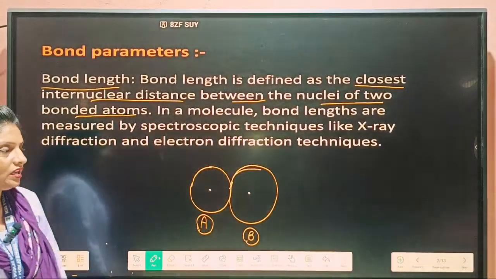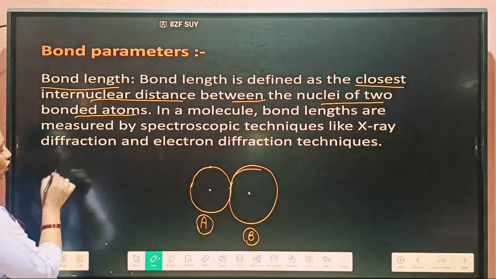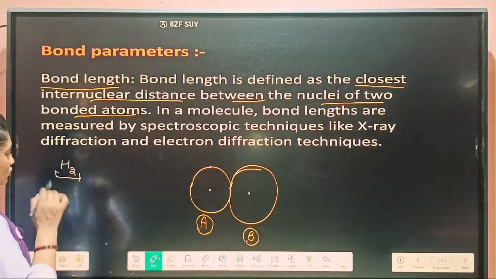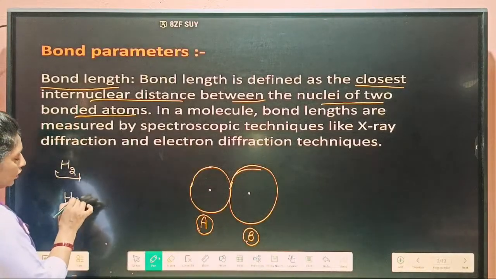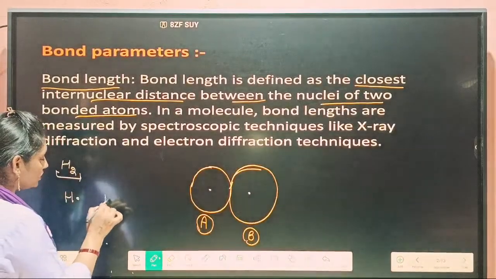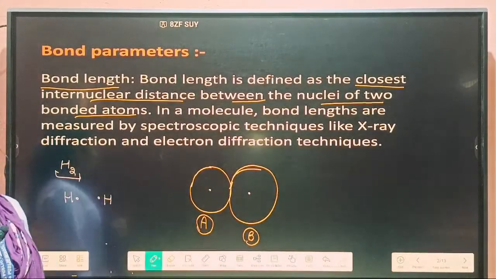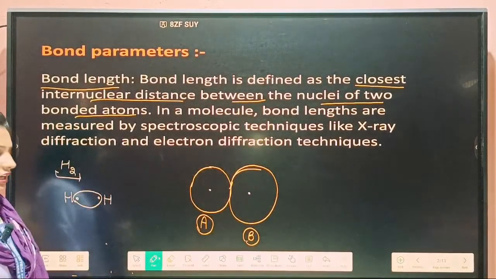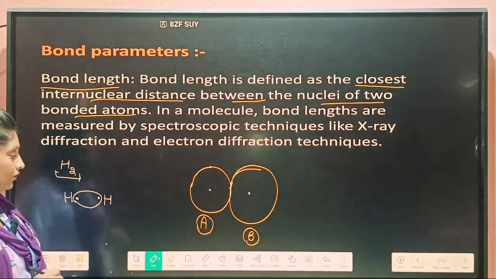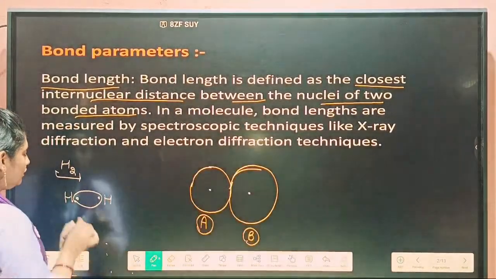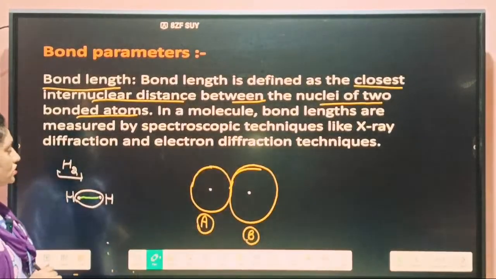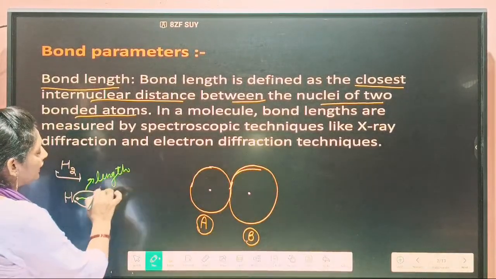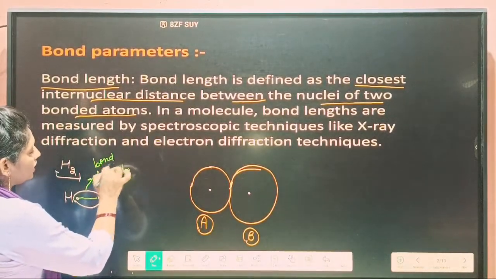Let us consider I am talking about H2, hydrogen gas. One hydrogen has one electron, and the other hydrogen also has one electron. By mutual sharing, each will share one electron and they form a covalent bond between them. Then what will be the length of this bond? That is known as the bond length.